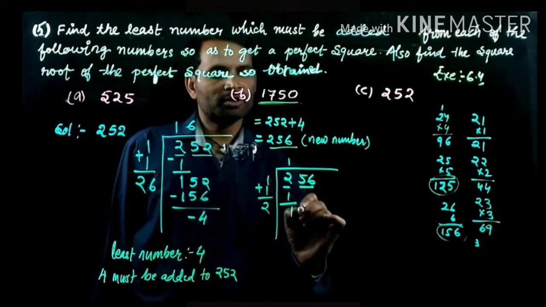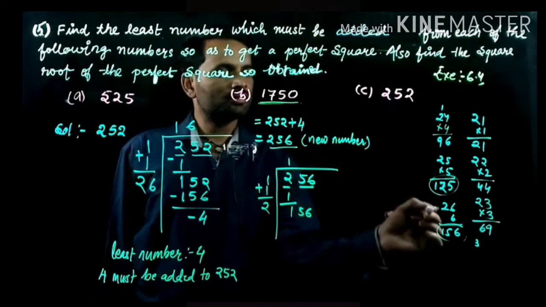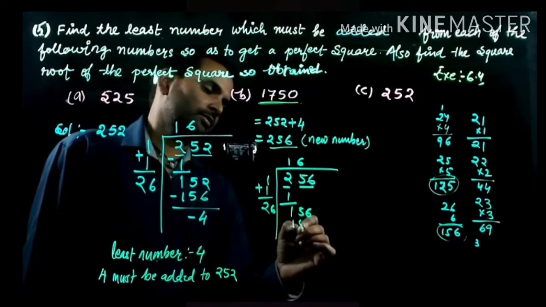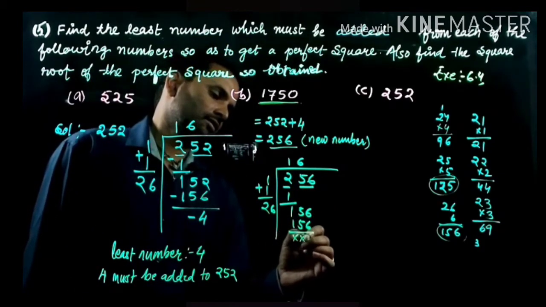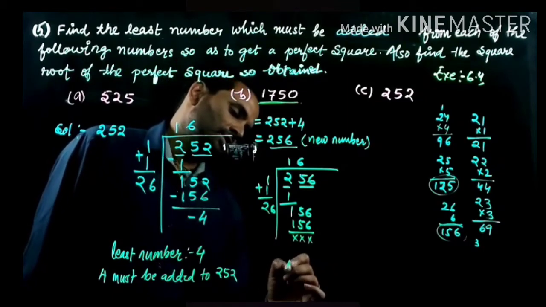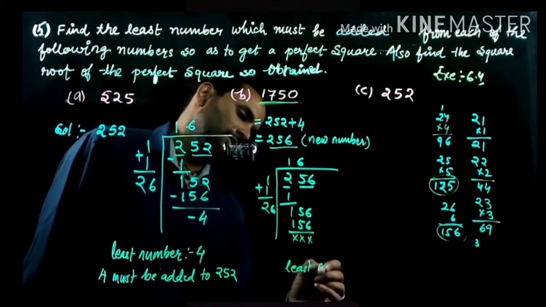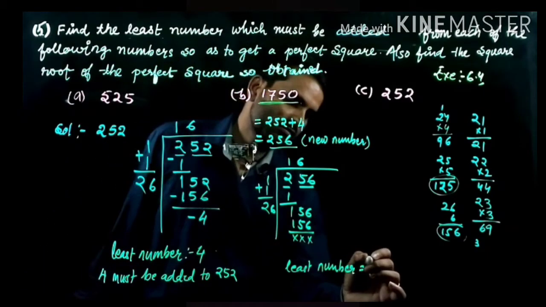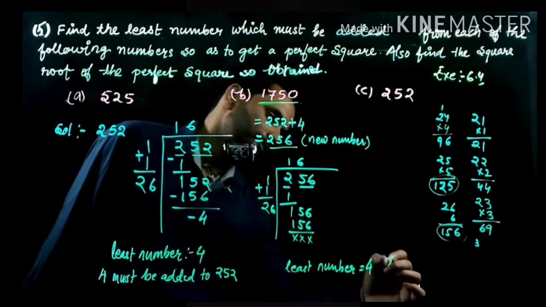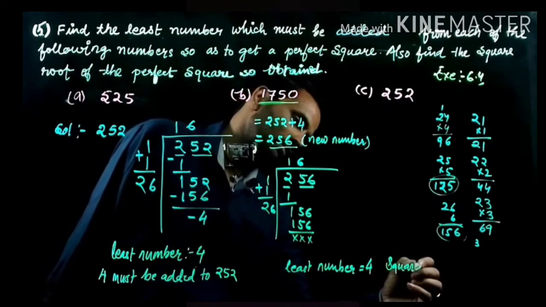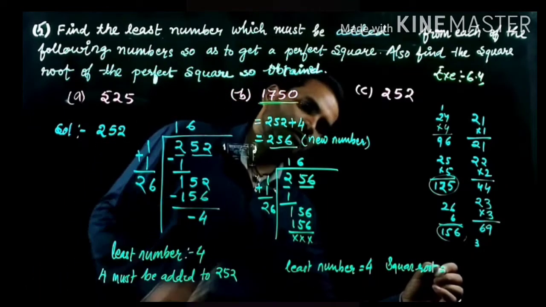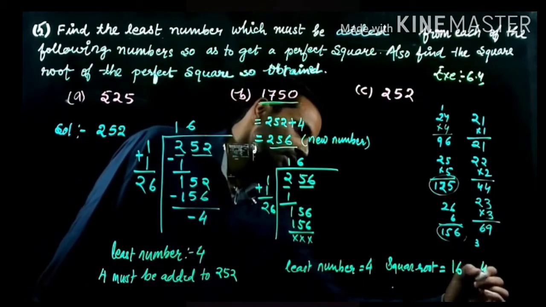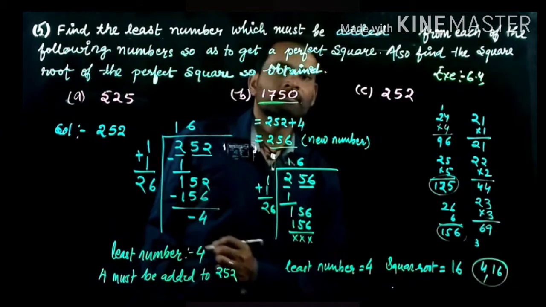Okay, and the second pair is 56, and 26 times 6 is 156. So cancel, it means the least number is 4, and the square root is 16. It means the answer is 4 and 16.